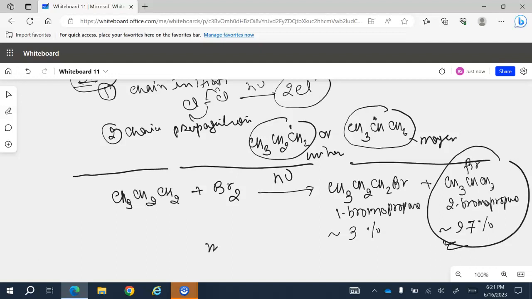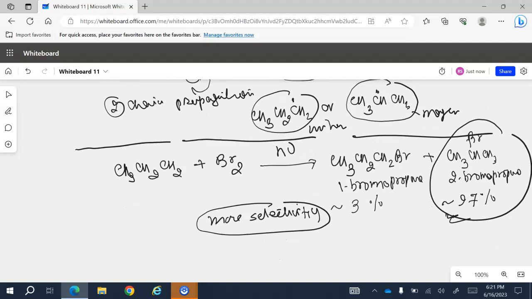So there is more selectivity in bromination compared to chlorination. That has to do with the energy of activation and so on. So that is how we can decide.